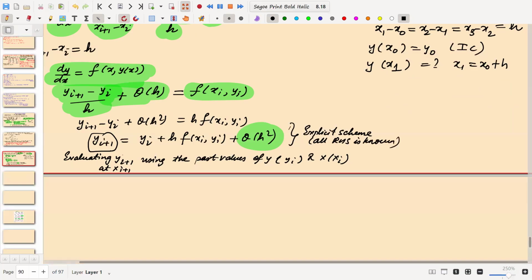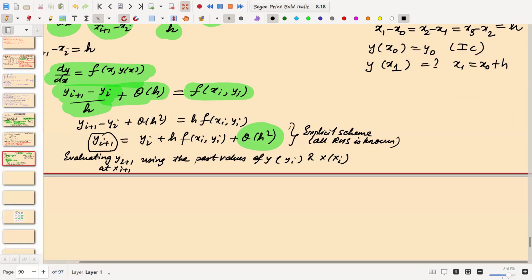Can you check that all RHS are known to you? You know yi, you know h, you know f at xi, yi. So everything you know, and you are evaluating yi plus 1. Good.